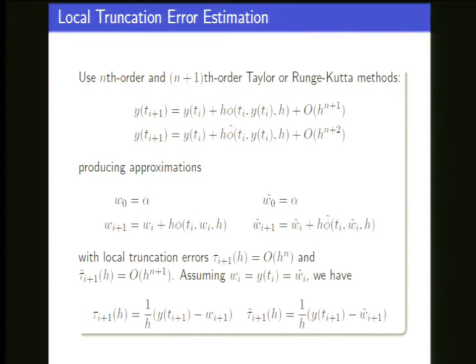There are a bunch of ways to do it. The method they propose here, which is really widely used, is to waste some computations and compute a more accurate step. You remember when I did this with Euler for my test problems, and then I did the Taylor method of order 2. Euler was really far away, and the Taylor method looked like it was right on top, right? It was so much closer. And the truth is that to first approximation, if you just take one step and want to estimate this tau, clearly the error is the true solution minus what you computed, but we don't know the true solution.